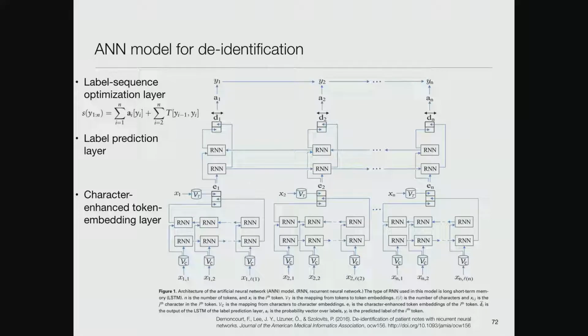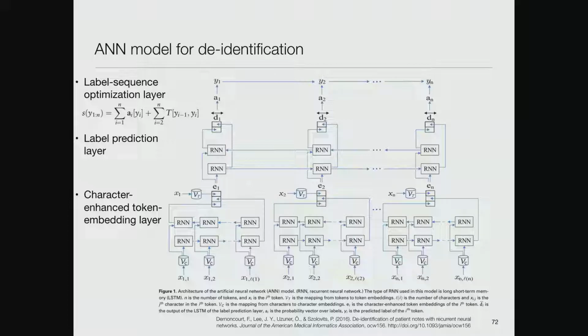And then for each word, you take the output of those RNNs and run them through a feed-forward neural network, like a softmax, and you estimate the probability of this word belonging to a particular category of personally identifiable health information.